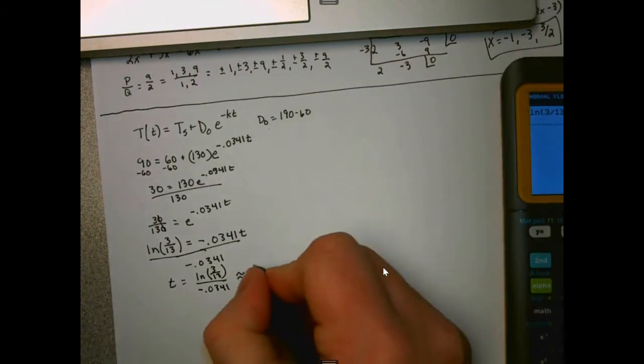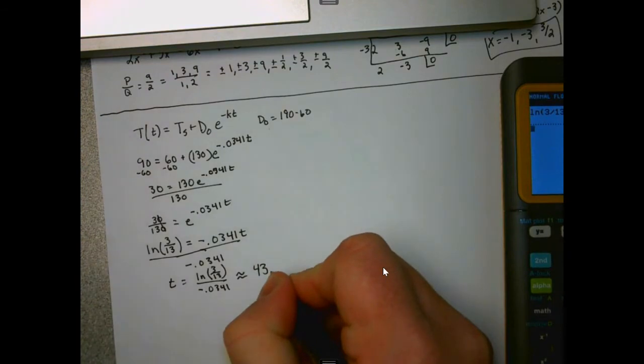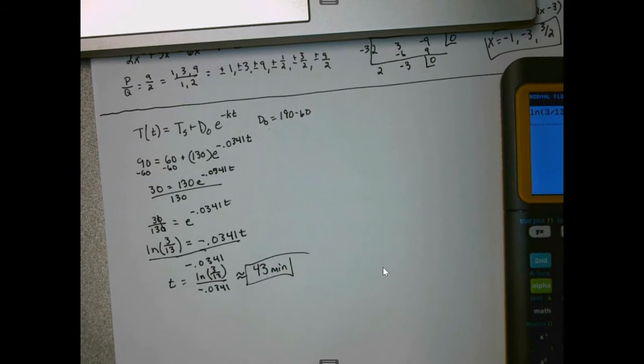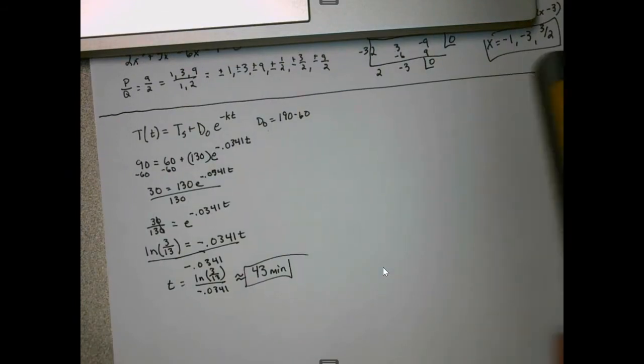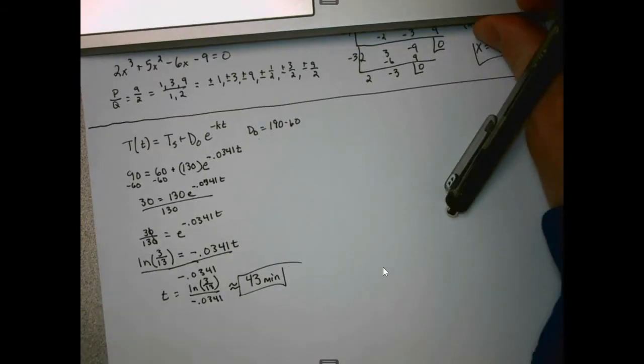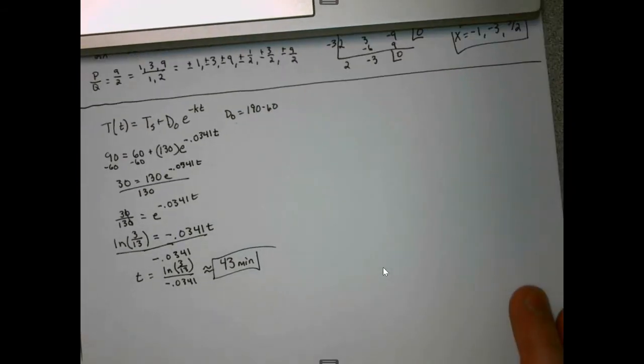So we have 43, and I believe it said time was in minutes. Let's see. I don't see where it does say that, but we're going to say it's in minutes, I believe. Okay, so that was A.